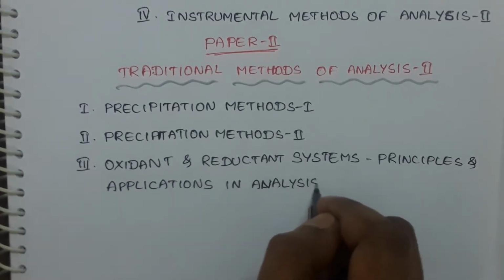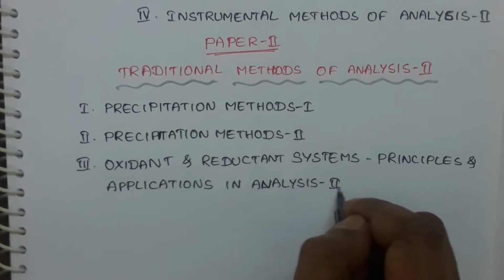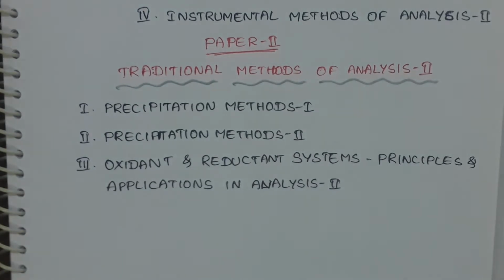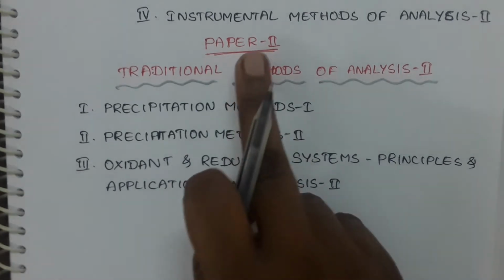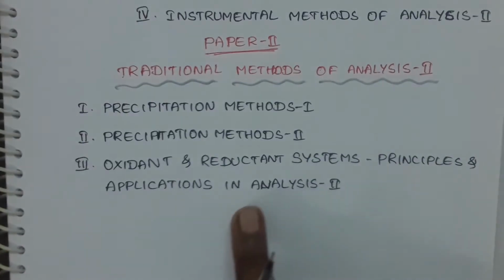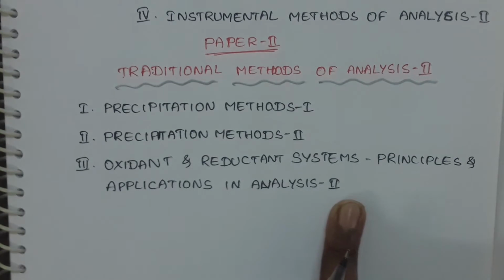It is 2, because oxidant and reductant systems, principles and applications in analysis 1 is present in third semester, and 2 is present in fourth semester.